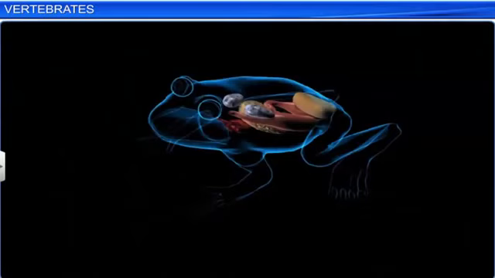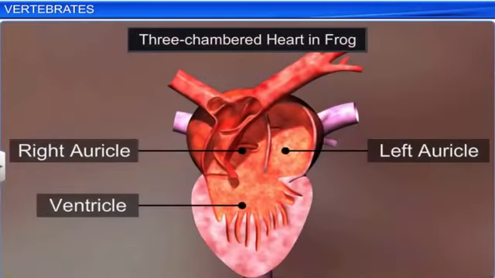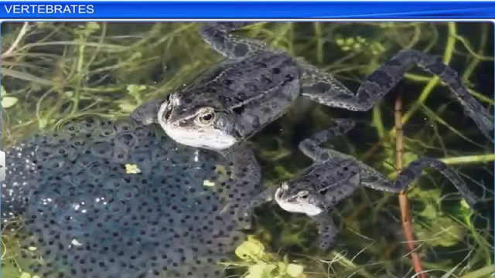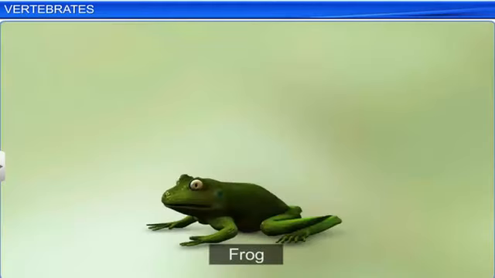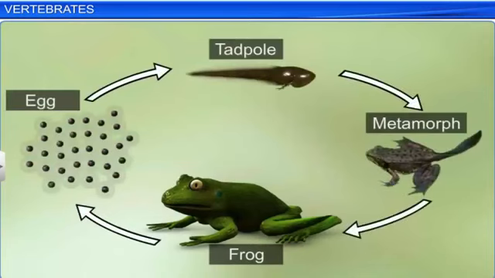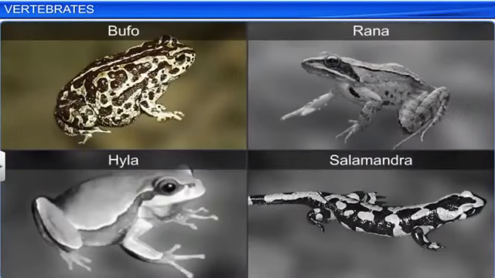These animals are cold-blooded with a 3-chambered heart. In amphibians, the sexes are separate and fertilization is external. They are oviparous and exhibit direct or indirect development. Bufo, Rana, Hyla, and Salamandra are common examples of this class.